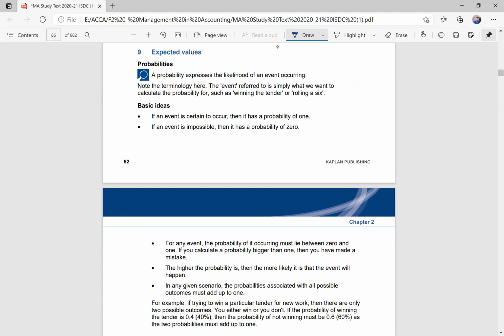The basic idea is that if an event is certain to occur, then it has a probability of 1, because you're saying that it is certain that it would occur, which means that 100% it is going to occur. So the probability is going to be 1. But if an event is impossible to occur, then it has a probability of 0, because it can't occur.